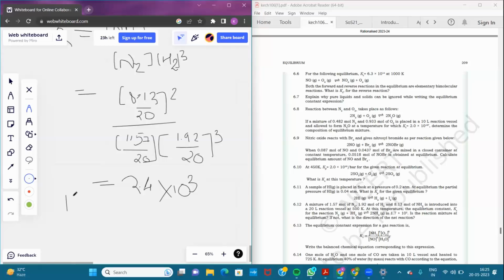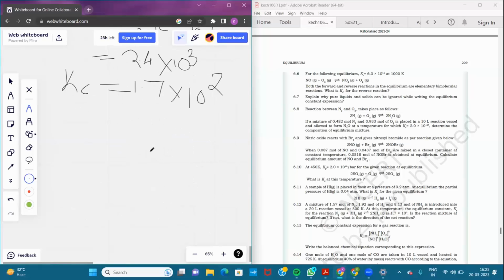Observe the Kc value. It's just 1.7 into 10 square. So the reaction quotient is greater than Kc. That means products are in excess quantity compared to reactants, so the reaction would proceed backwards. Remember these conditions. If the reaction quotient is greater than the equilibrium constant, products are higher, so the reaction would proceed backward.